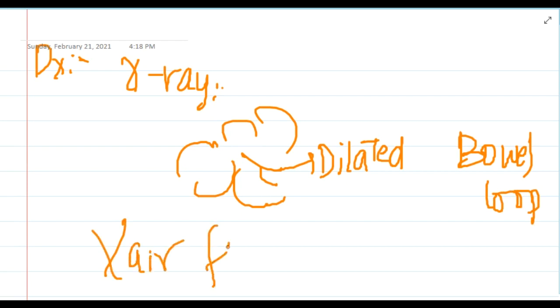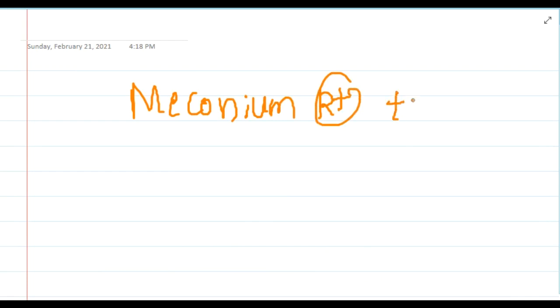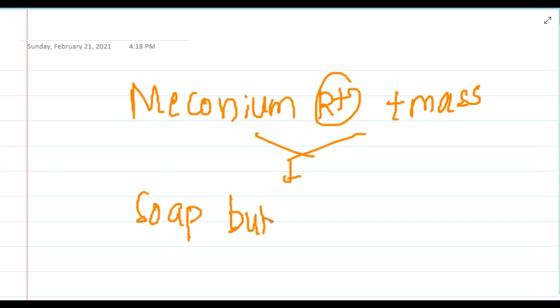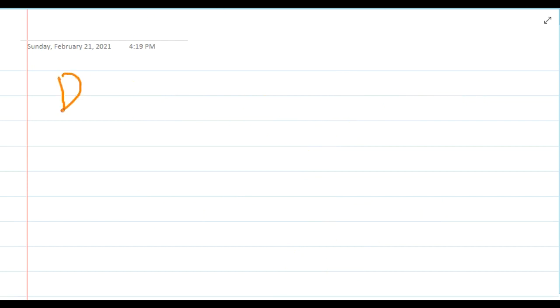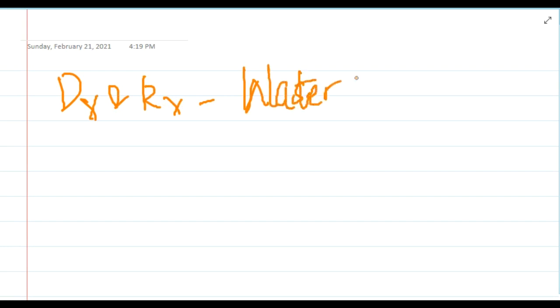A mass of meconium may be seen on the right side of the abdomen, which gives an appearance of soap bubble or ground glass appearance. Then for diagnosis and for treatment, similar to the meconium plug, we use water soluble contrast enema.